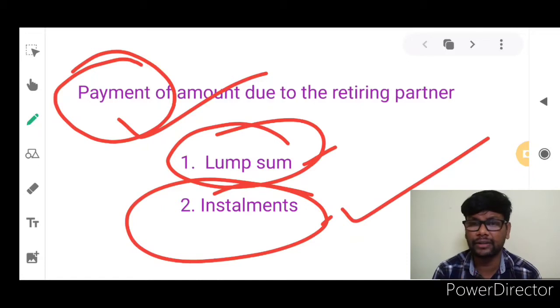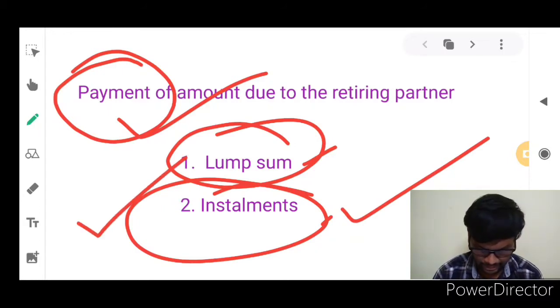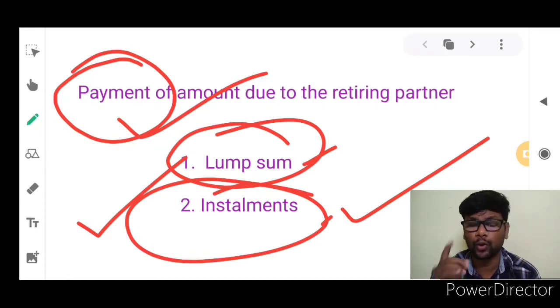This will happen when the firm doesn't have sufficient money to pay its liability to the retiring partner. If the firm chooses this second method, the installment method, the partner's capital account will be transferred to his loan account, because the firm couldn't pay the entire money in one single installment.